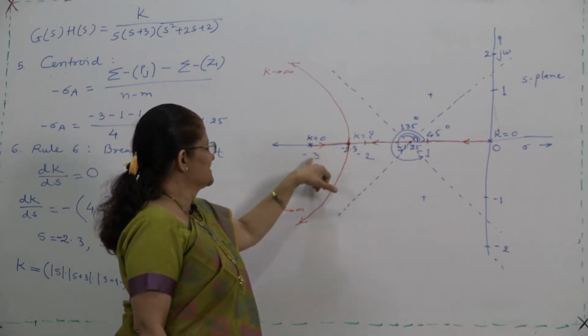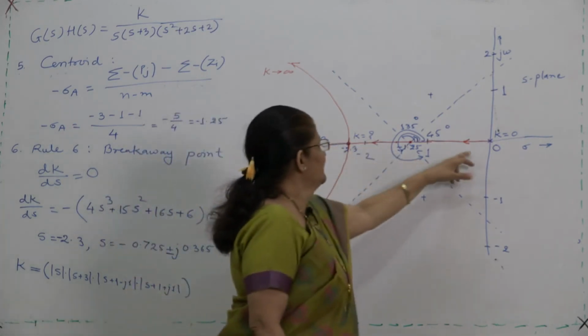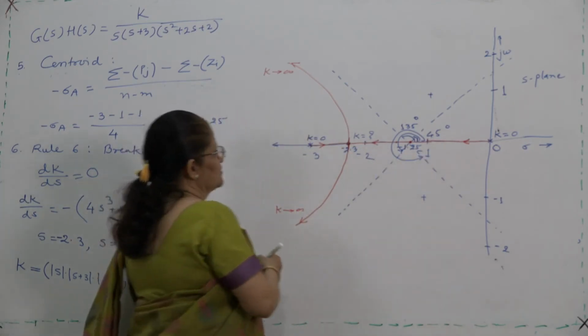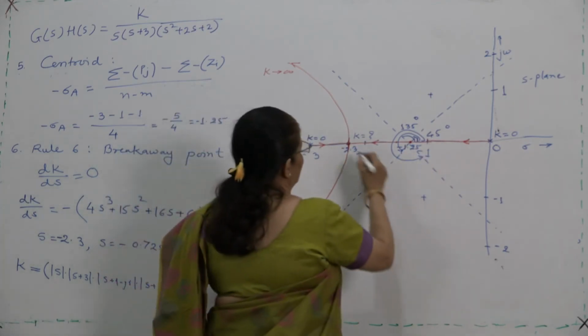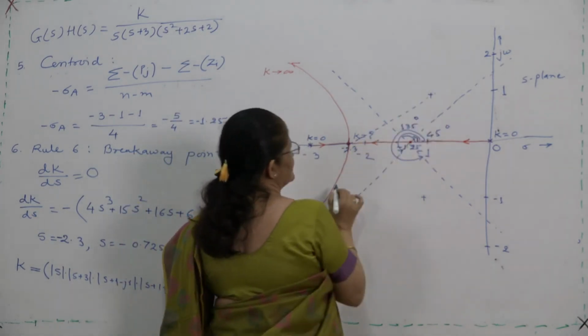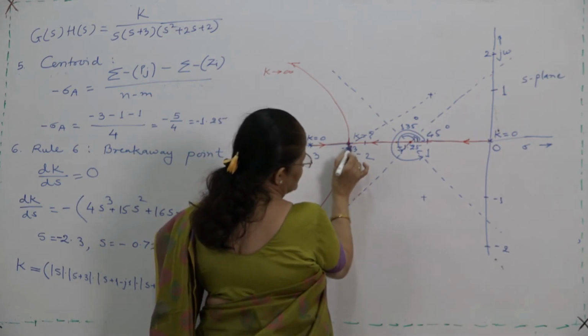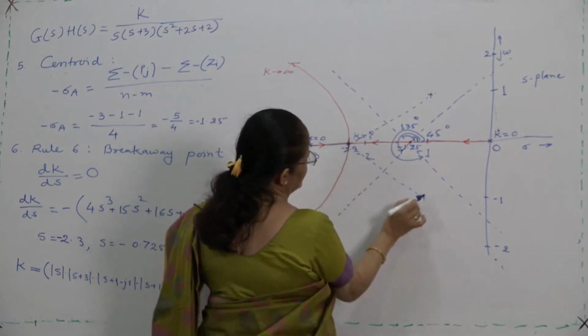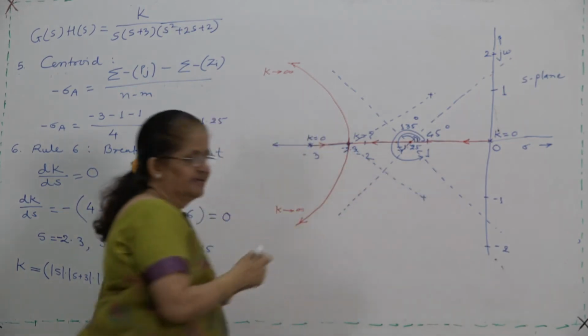What is the meaning of this? How do we find the magnitude? We have to find the magnitude of each phasor. That is, if I connect this pole at minus 3 to this point, what is the length or magnitude of this phasor?